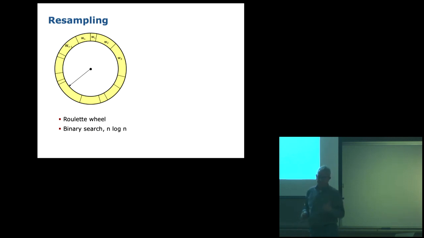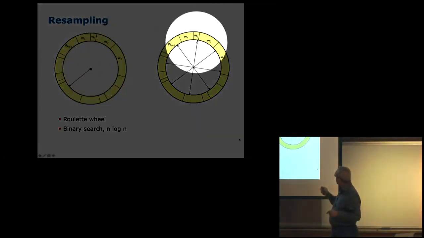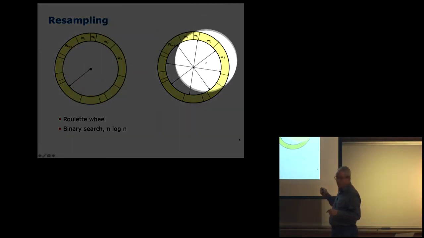But there, interestingly, is a faster version of that. And this version works as follows. All we need to do is sample one angle between 0 and 1 divided by n, n being the number of particles. And then we advance in a constant fashion, basically by 1 divided by n.